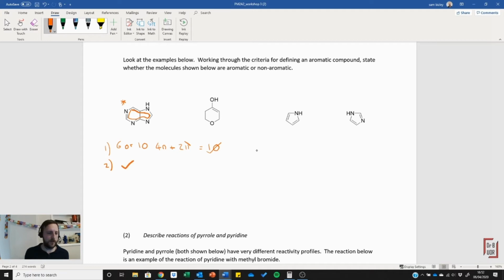So it's a tick for number 2. And number 3, it's a planar structure. So as you can see, there's no arrows here denoting that it's in any sort of form other than flat in nature. So it's also a flat ring. Okay, so we get a tick for that one. So from that, we'd say that this is definitely an aromatic structure. And I know that purine is aromatic. Okay.